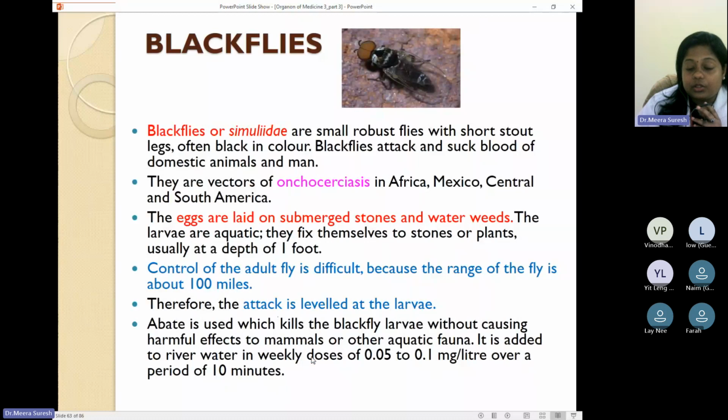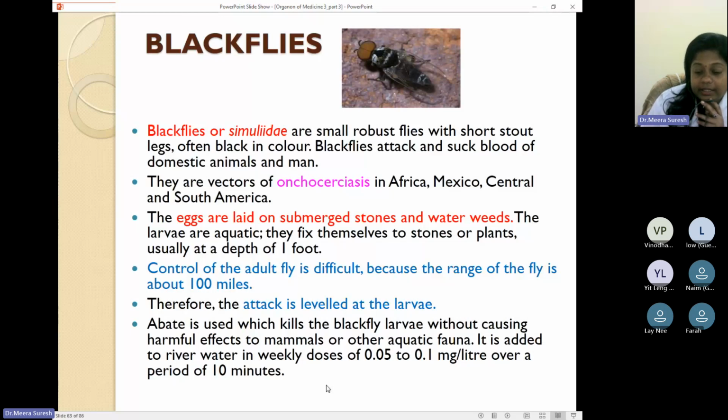It is added to river water in weekly doses of 0.05 to 0.1 milligram per liter over a period of 10 minutes. So remember, black flies, or the other name Simulidae, are actually causing the disease onchocerciasis, or river blindness. And the egg and the larval stage are seen in the water bodies, the aquatic level.